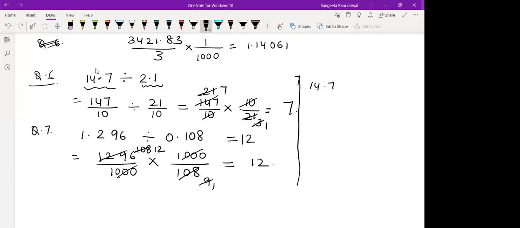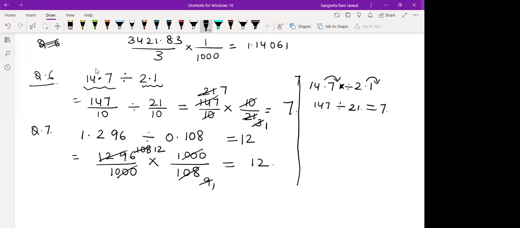That is another way of doing it. If you shift this decimal place one place this side, this decimal point will also be shifted this side. That means now the number is 147 divided by 21. Now you can simply divide and get your answer like this.